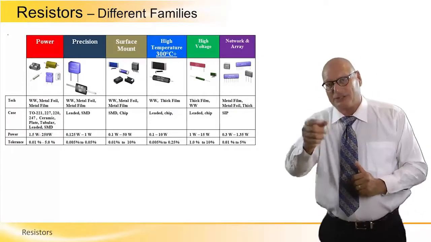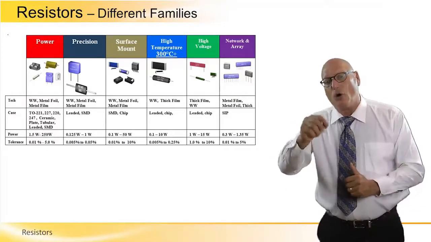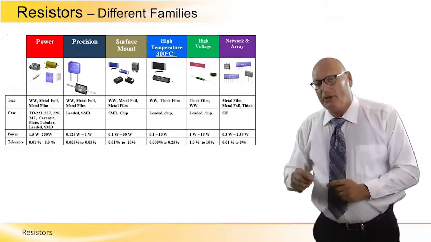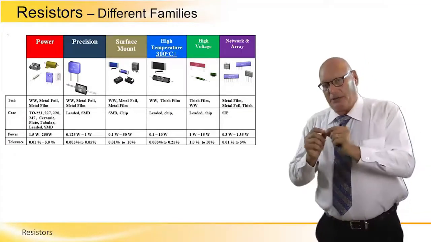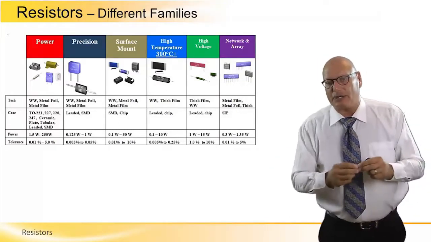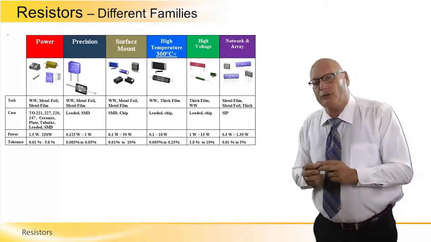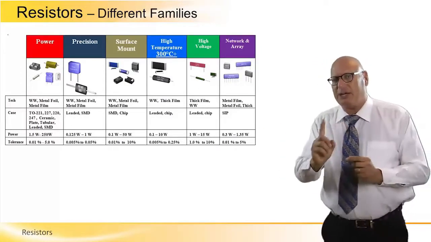In the precision, the second one from the left, the precision also goes to 0.005%. Very precise resistors. In terms of power, no choice. The power is very low, 0.125 watts, up to 1 watt. So it's very low power, but we gain precision.